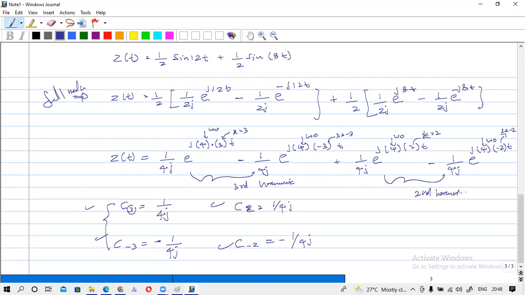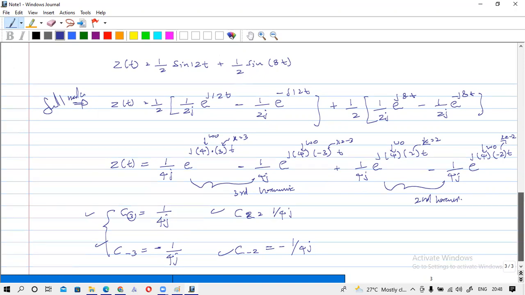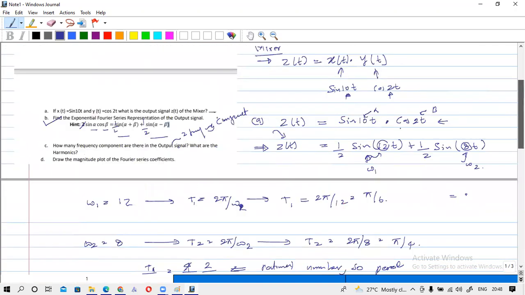So we have only the third and second harmonics. Here we have two frequency components and we have second and third harmonics. So that is the answer for this question. Next, we are asked to draw the magnitude plot for the Fourier series coefficients.